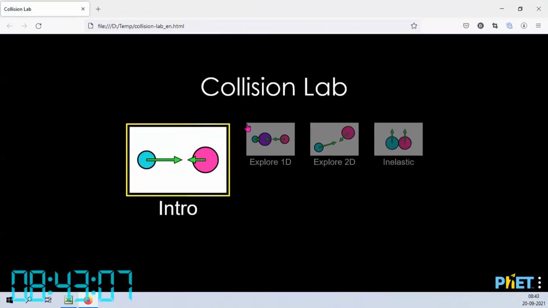There are a number of physics simulations. This one simulates the collision between two bodies.